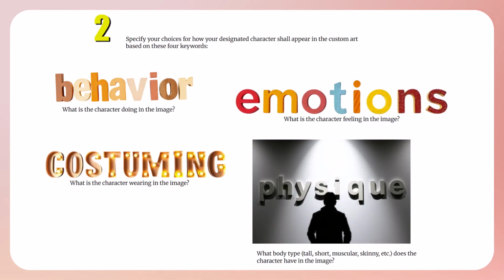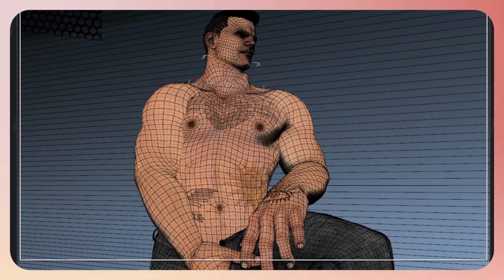And next, let's stop at behavior. What is the character doing in the image? In this case, I'm going to go back to Tattoo Guy and give you live changes in the behavior of the character that I call Tattoo Guy. Here we go. All right, we got Tattoo Guy here, and this would be, of course, if the image was promoting something to do with tattoos.